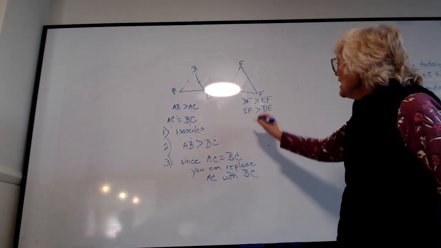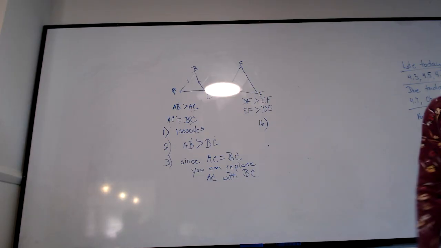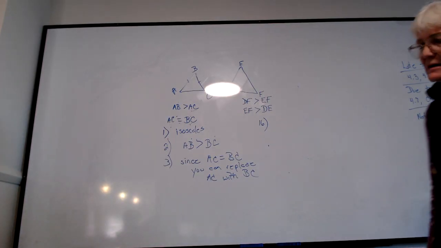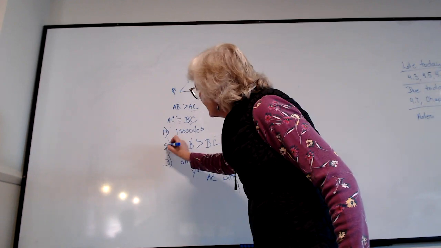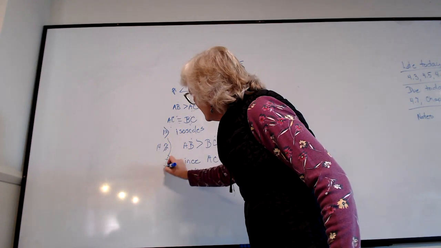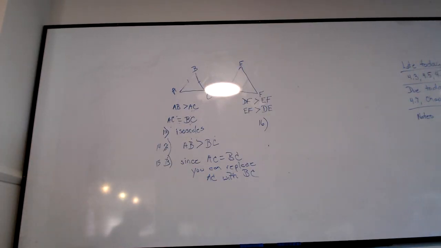Number 16, if that's true, what kind of triangle? How did I label these wrong? This was 13, 14, 15, okay, 16. If that's true, what can I say about that triangle? What kind of triangle is it? Yes, scalene, thank you.